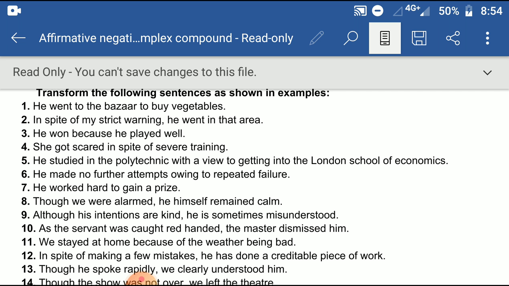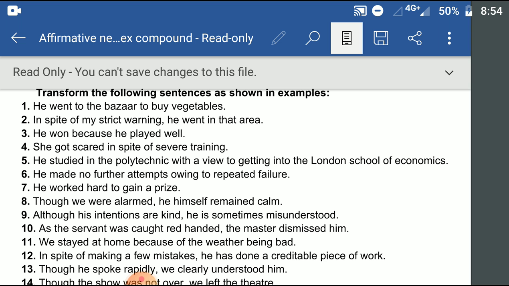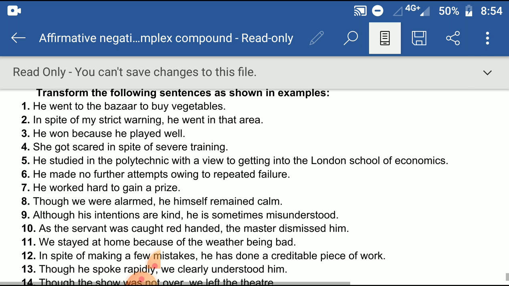If we use however, we know the sentence structure. The sentence structure of however is: however, then the adverb strictly, then the subject I, and want. However strictly I want, he went in that area. If we use as in the same sentence, then again the sentence structure will change.